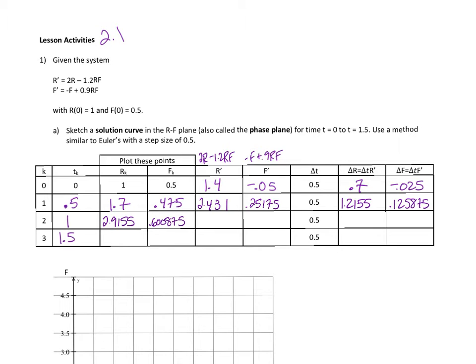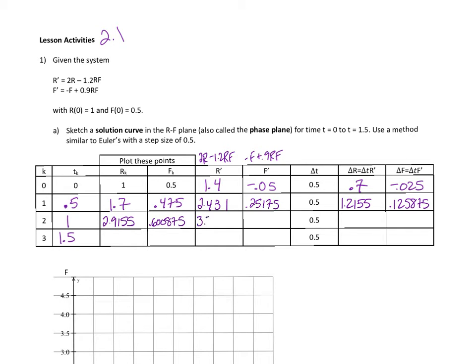And then I plug those new r and f values into the r prime and f prime equations. 2 times 2.9155 minus 1.2 times 2.9155 times f, which is 0.600875, and I have a lot of decimal places now, so I'm going to round this just for the purposes of writing it down.